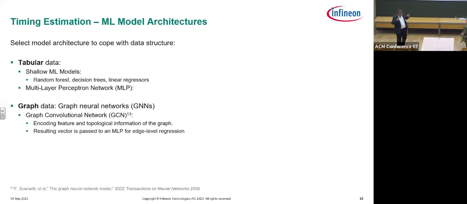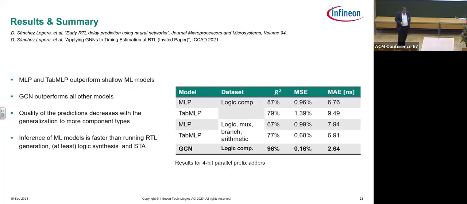That means for us, the graph convolutional networks are not that big as if you would consider a complete design. So what's the result in summary? You also see the publications. Long story short, the graph convolutional networks outperform all our models.